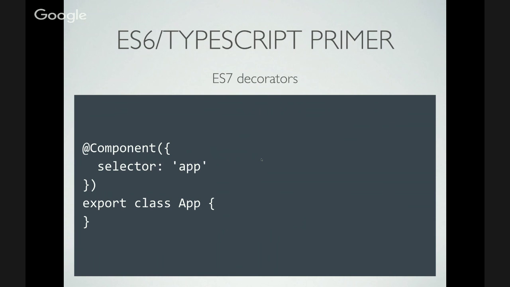So if you think about how directives are defined, which we had a great talk on the other day by Jeff, I think. With those directives, you had an object, and all those properties modified everything. Well, one of the properties is a controller. Think of it now with something like this. We can define a controller as a class, and then all that other metadata gets to be annotated above it inside of something like a component annotation.